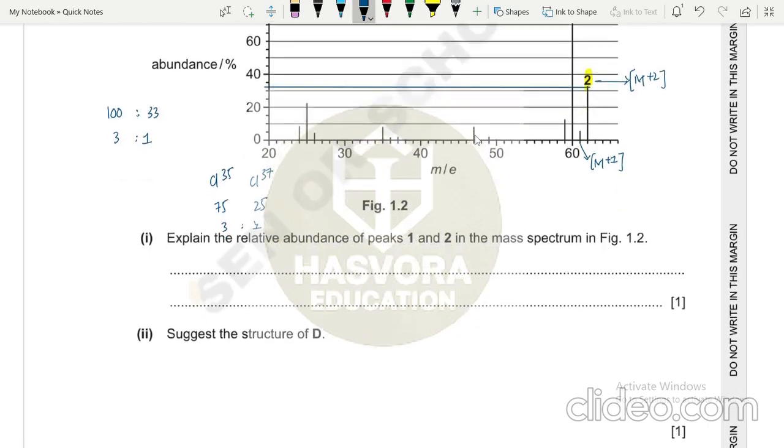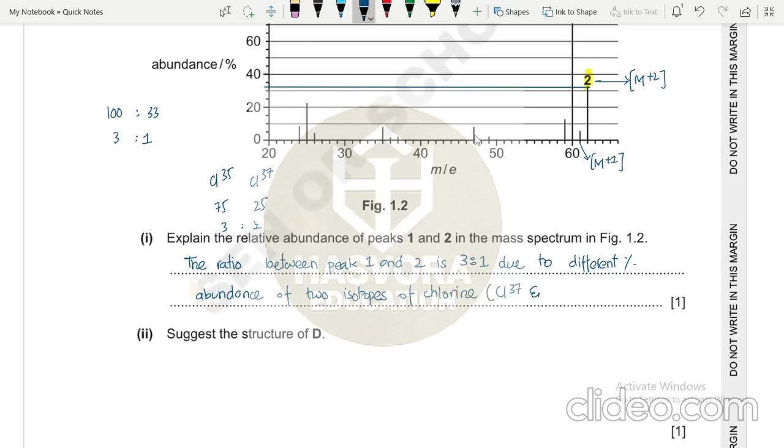So we will explain this as: the ratio between peak 1 and 2 is 3 to 1 due to the different percentage abundance of two isotopes of chlorine, which are chlorine 37 and chlorine 35.